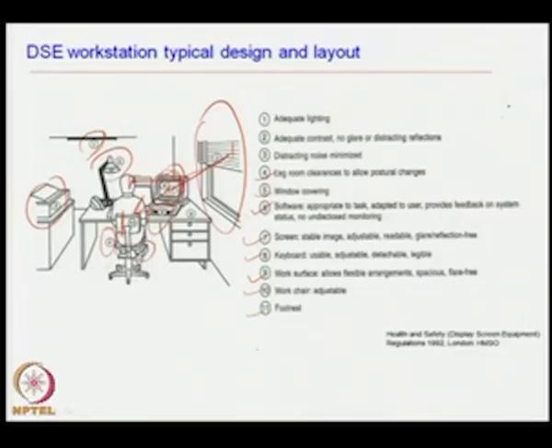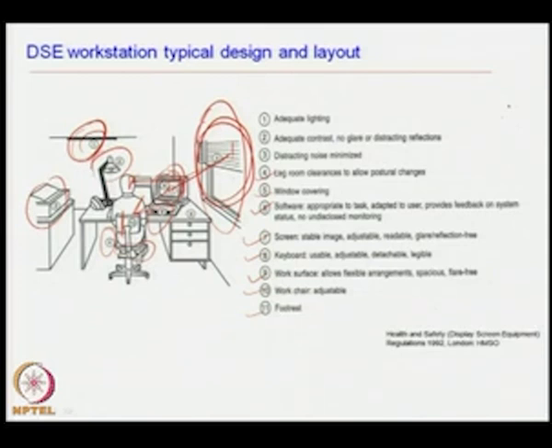Now, in this, from the visual issues, there are two important things. One is this window that may create some kind of glare effect when we are working on the computer, otherwise it may be open to give the natural light source. Now, this lamp should be placed in such a way that it does not give any discomfort glare to the eyes.